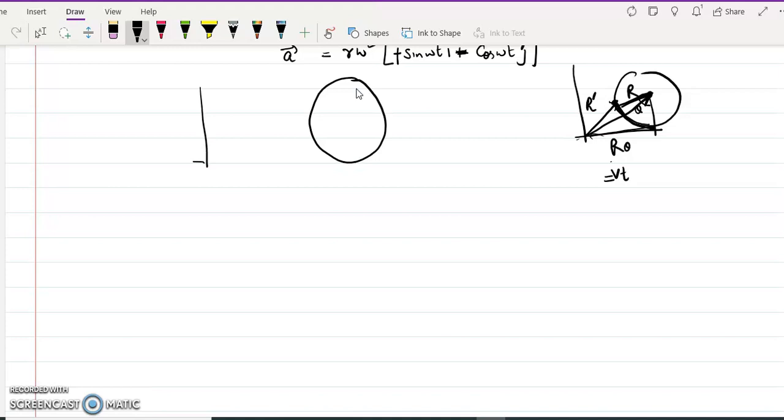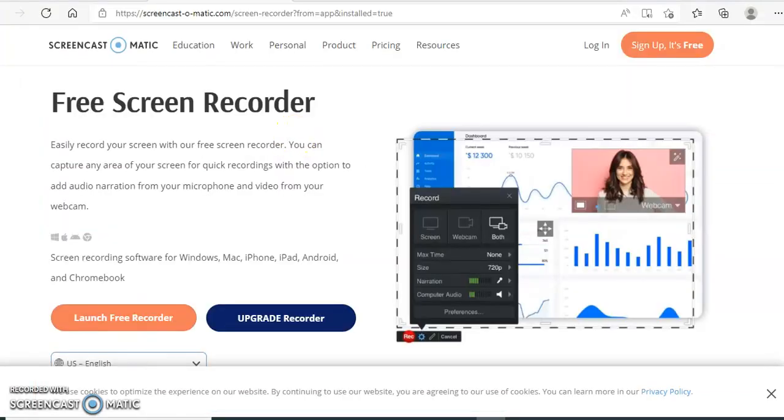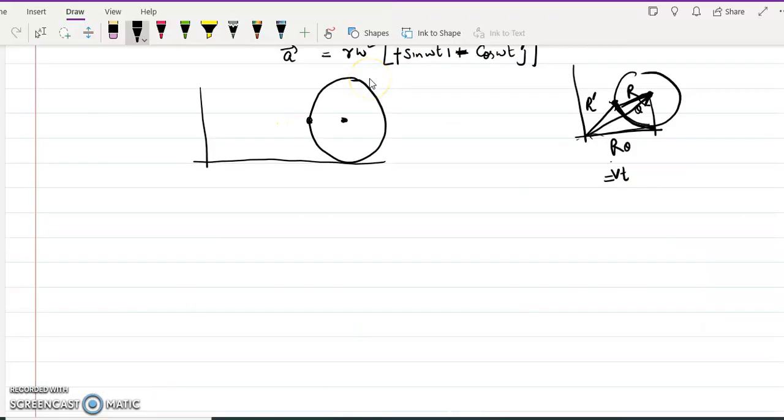Here is our pebble, and here is the center of the wheel. We have to find this position vector. Let me call it r. This is the position vector of the center of the wheel, and this is the position vector of the pebble from the center of the wheel, r dash.